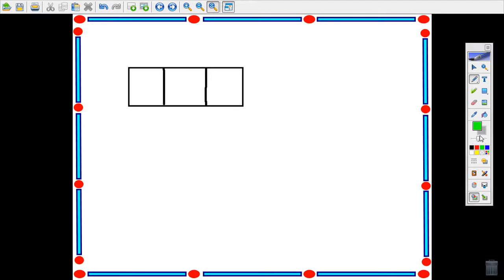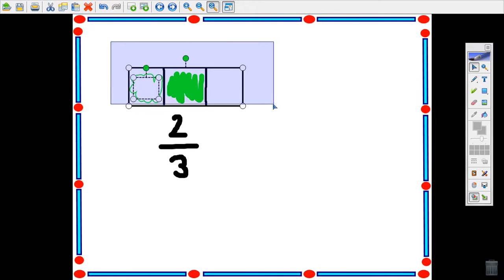And let's say I have 2 of those thirds shaded in. So 2/3 are colored in green. You could also say 1/3 is colored in white.